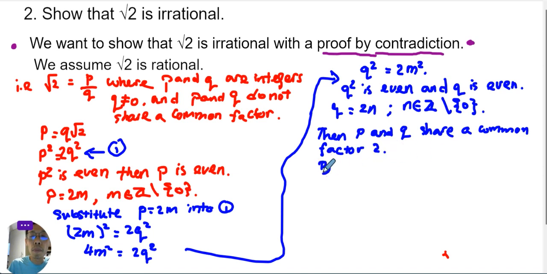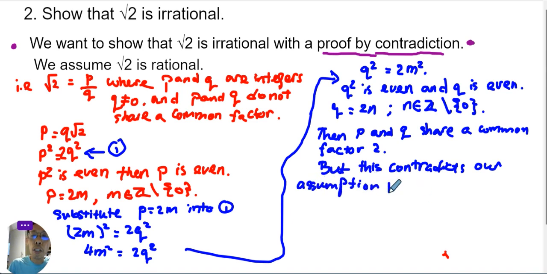But this contradicts our assumption that P and Q do not share a common factor.